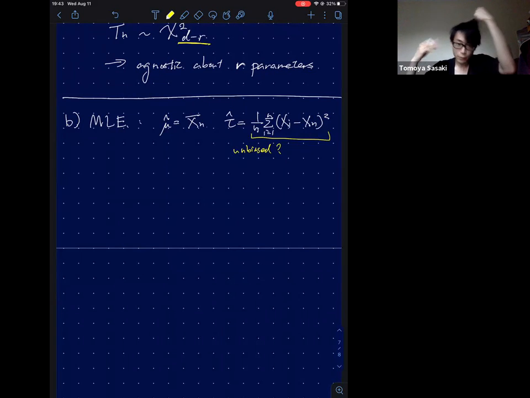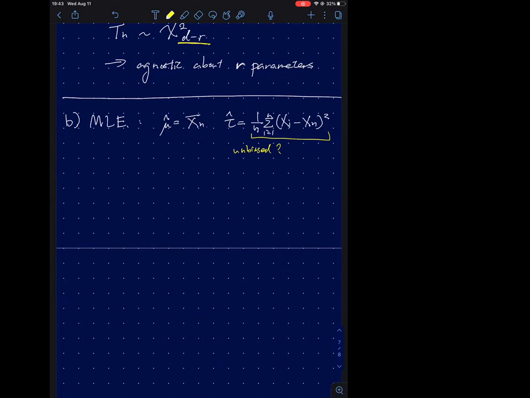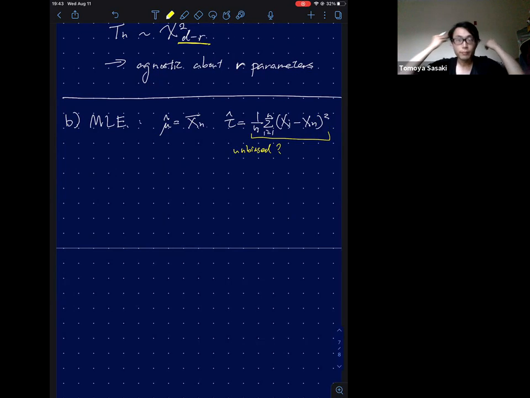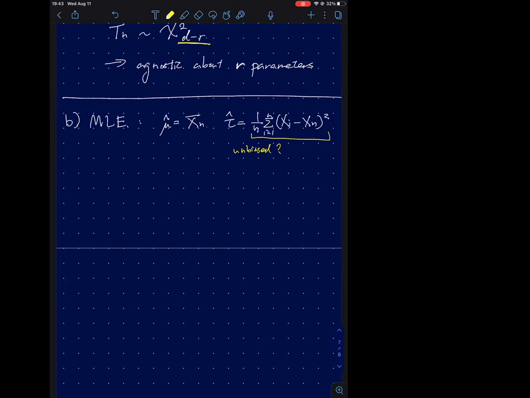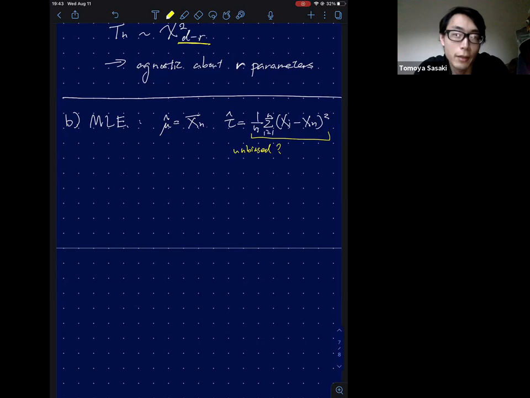This is just a brief note. The bias is very small, isn't it? Yes, exactly, you're right. This 1/n version of the variance is smaller than the unbiased version.